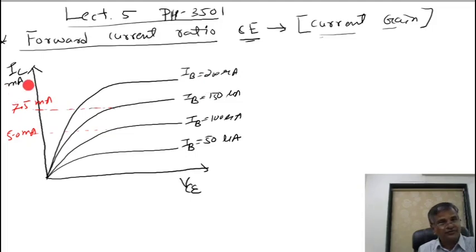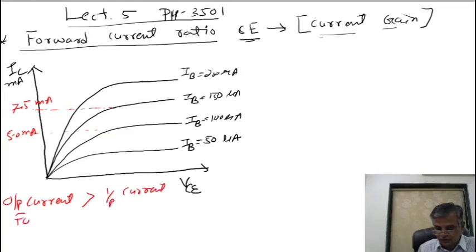Now I am telling you in more detail. Output collector current is in milliampere and input base current is in microampere. It means output current is more than the input current. For which configuration?